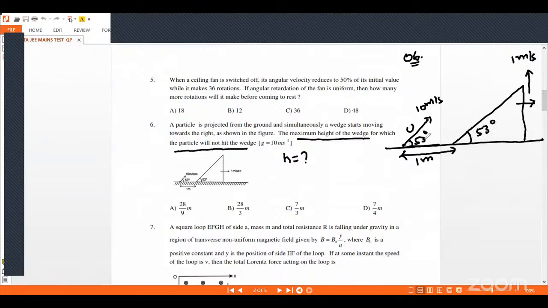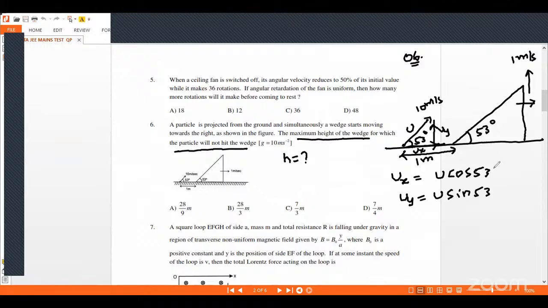I am resolving it into ux and uy. So ux equals u cos 53 and uy equals u sin 53.